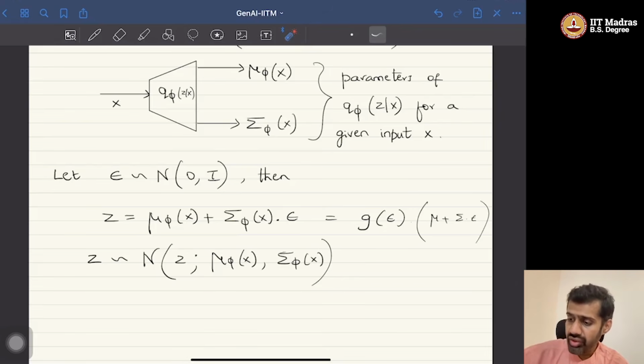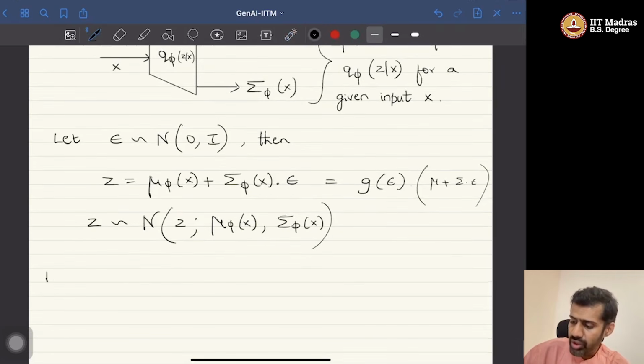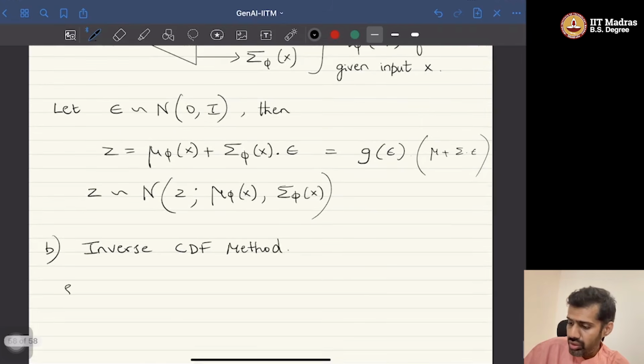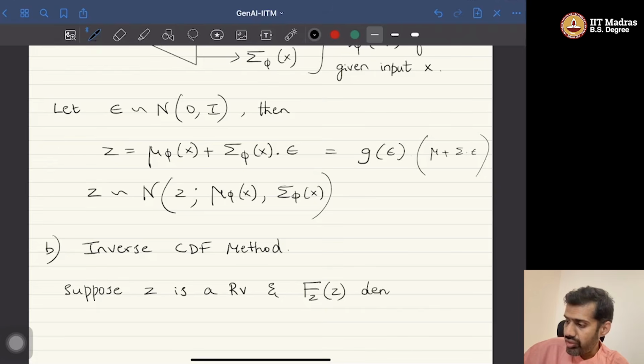This is one of the ways of reparameterizing. There is another way of reparameterization, which is called the inverse CDF method. Where suppose Z is a random variable and F_Z of Z denotes its CDF, cumulative distribution function.